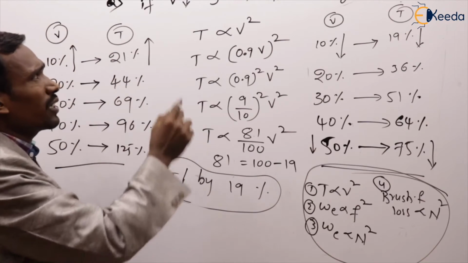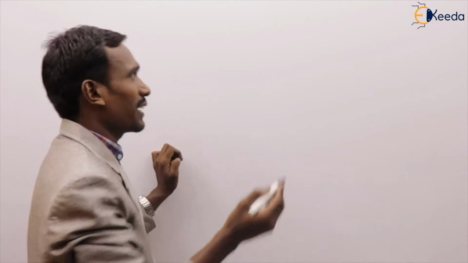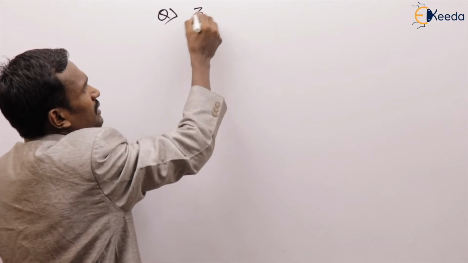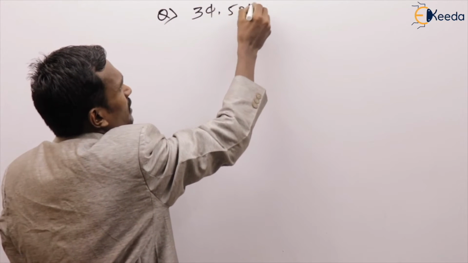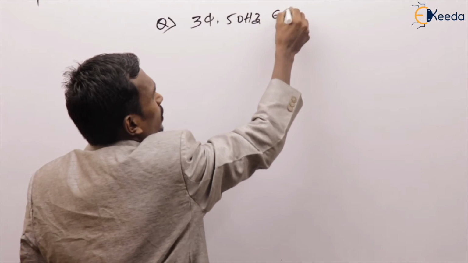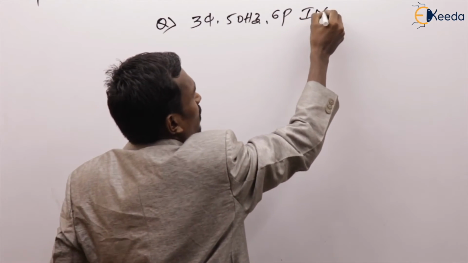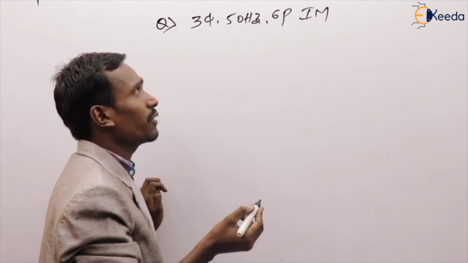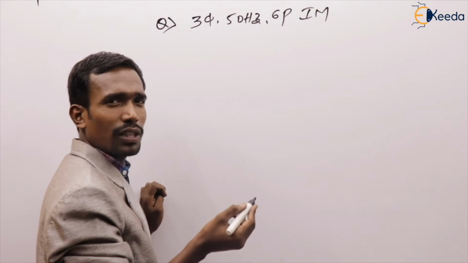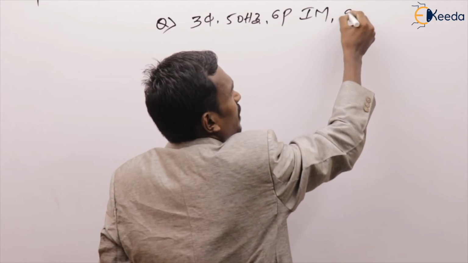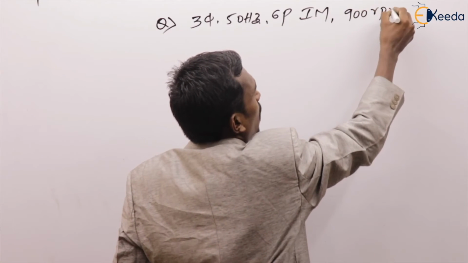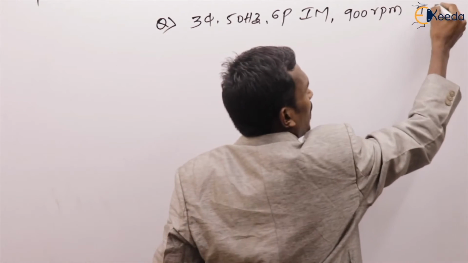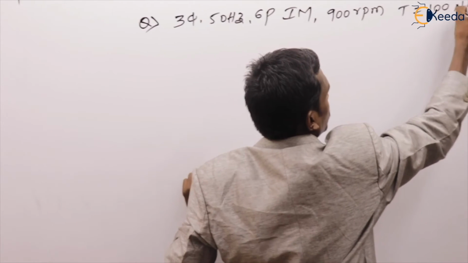Okay, this is the question on the torque equation. They are asking questions like that. My question: a 3-phase, 50 Hz, 6-pole induction motor, operating at 900 RPM with a torque of 100 Newton meters.